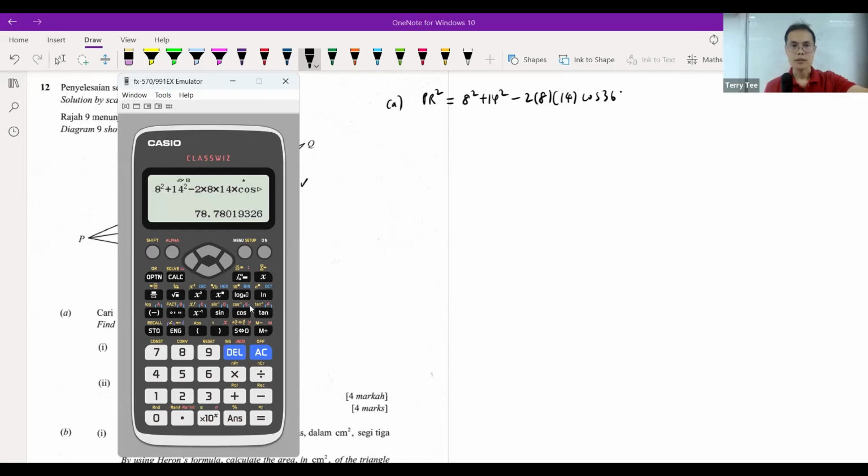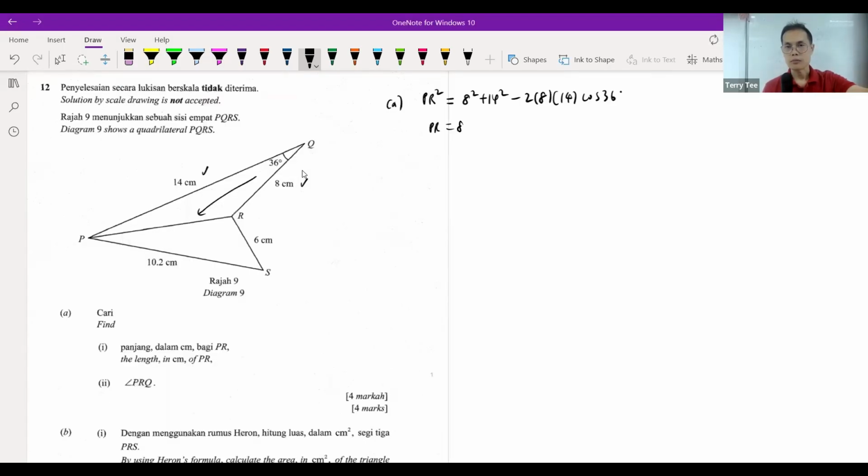Your answer is this, and take the square root of it, you should get 8.876. Yeah, PR is 8.876.